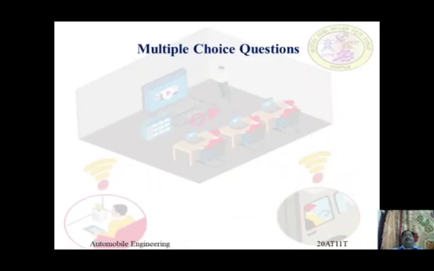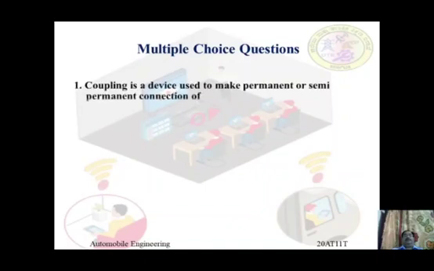So here, number 1, coupling is a device used to make permanent or semi-permanent connection of. Here the options are number 1, 2 bars, number 2, 2 shafts, third one is 2 nails, fourth one is 2 screws.